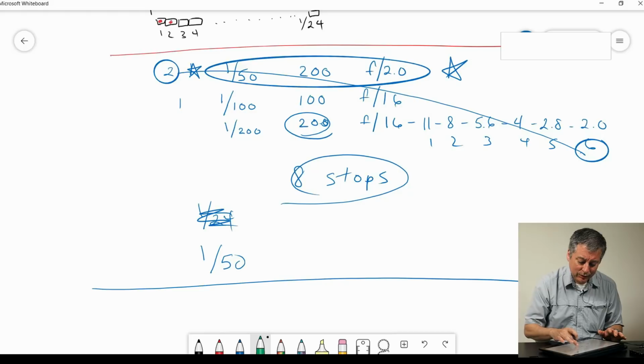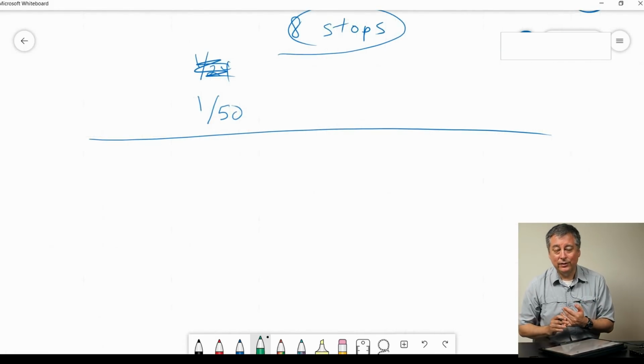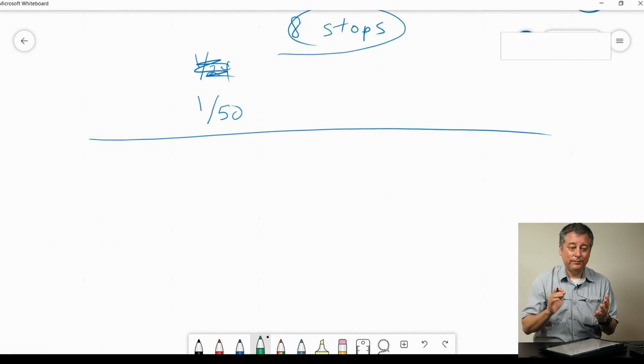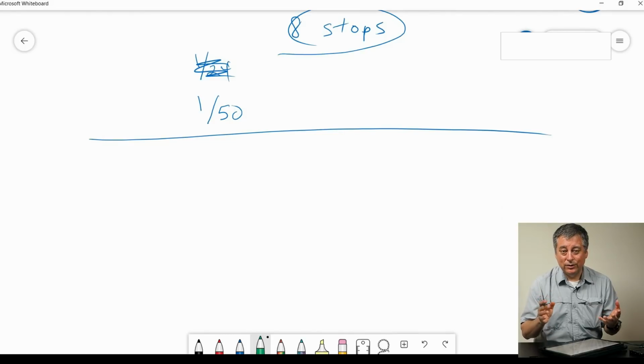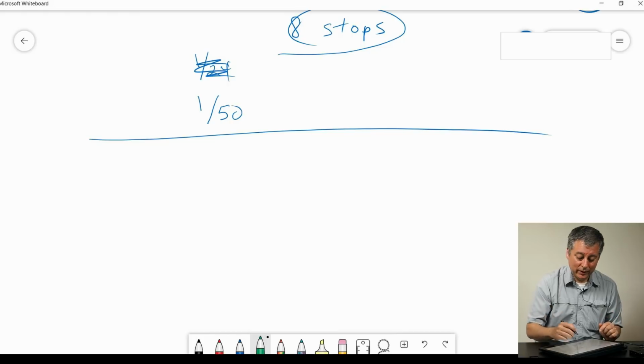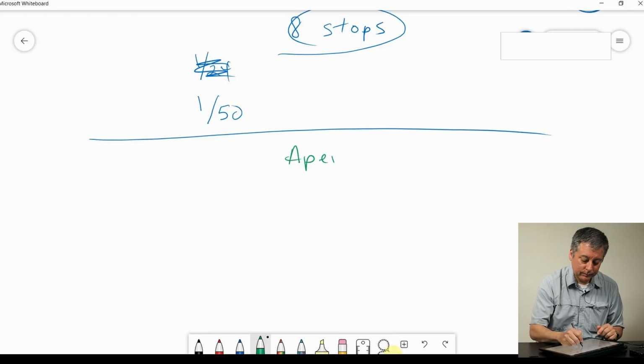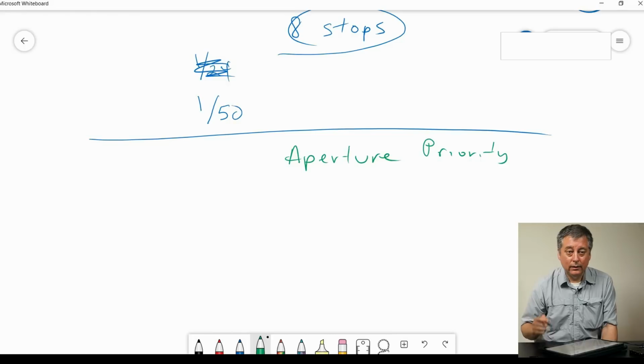So what do I recommend you do, right? If you don't have an ND filter and you don't have tons of video light, well, really, the best thing to do is just to shoot in aperture priority. Okay, and when you do that on your camera, at least on our Olympus cameras, you can set the aperture, say, to f2.